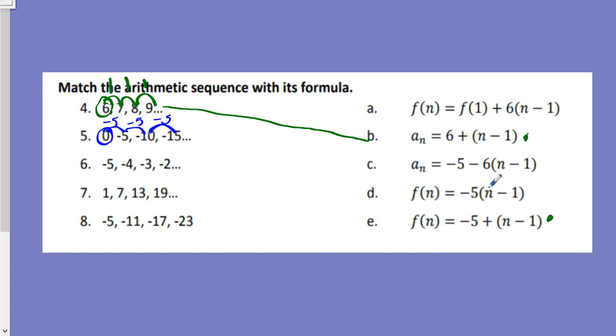The only one I see that I'm multiplying by negative 5 is right here. And you can see that I don't see where my initial value is because my initial value is 0. So if I add 0, I'm just going to end up with the same. So in this case, my formula that matches is D, because that's like 0 minus 5 times n minus 1.